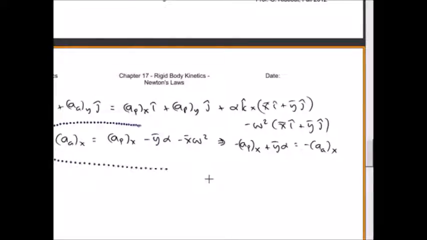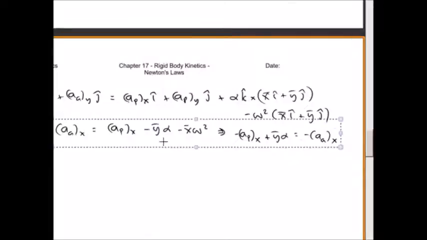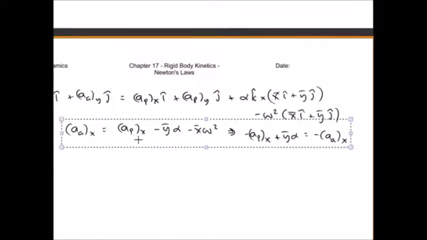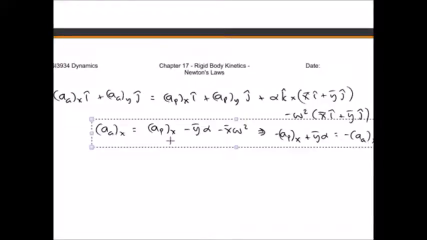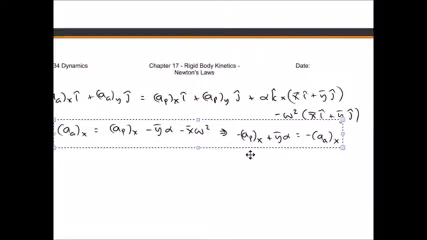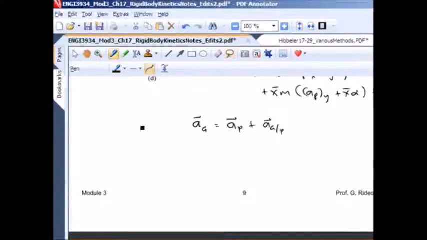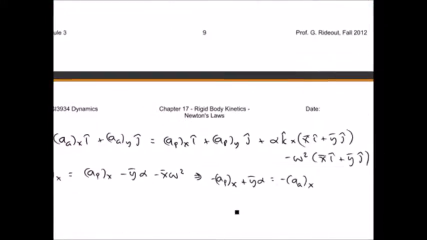Running out of room here. Let's move all this stuff over a little bit. So I'm just rearranging that equation, which is all the i components. So we'll see if we can move that over. There we go. Okay, so back up to my pen.